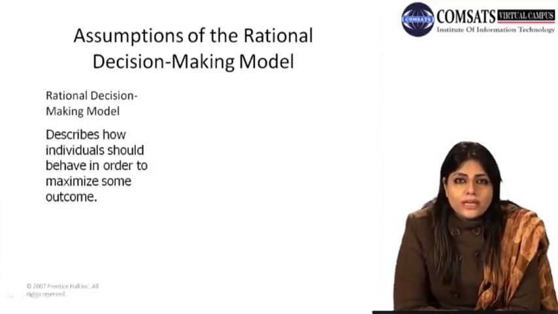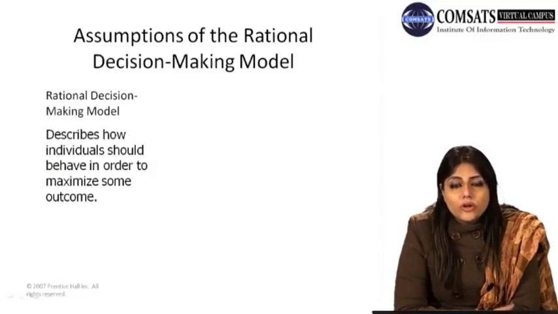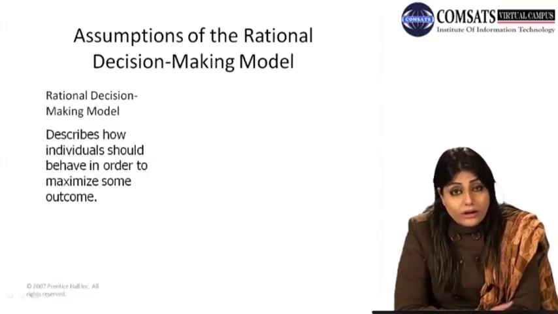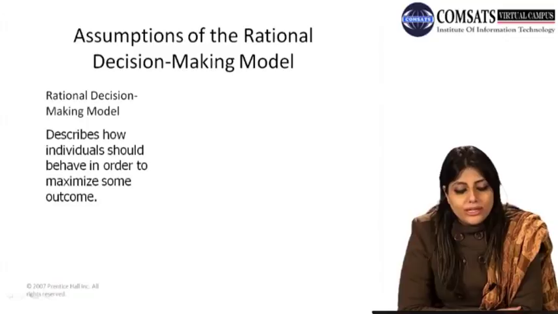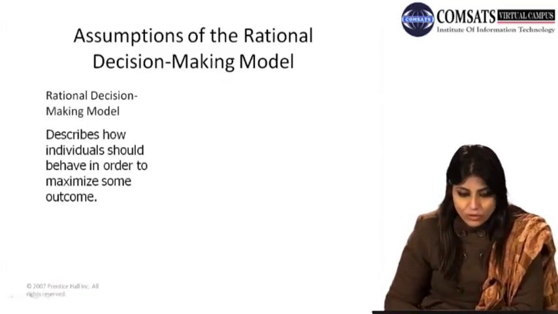So, the rational decision making model. I will just quickly go through these couple of slides, because we have already discussed part of these in one of our earlier lectures on managerial decision making. Rational decision making, as I told you earlier, describes how individuals should behave in order to maximize some outcome.